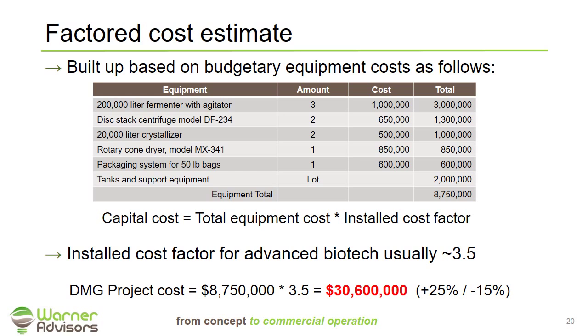So in this case, for our dimethyl process, the 8.75 million of equipment multiplied by 3.5 comes up with roughly a cost of $30.6 million for that process. Now it's important to note here, the level of accuracy of this FEL2 factored estimate is generally seen to be in the range of plus 25% to minus 25%.